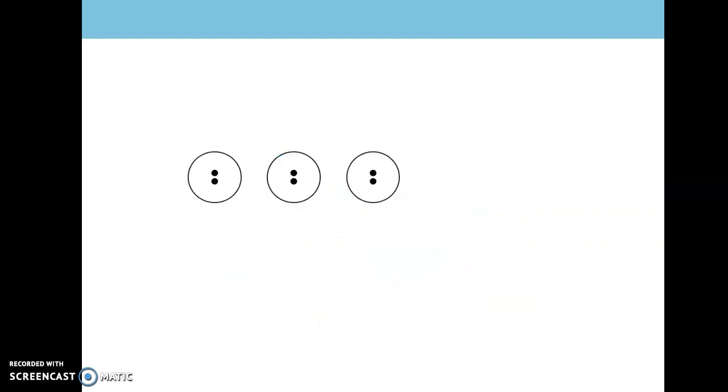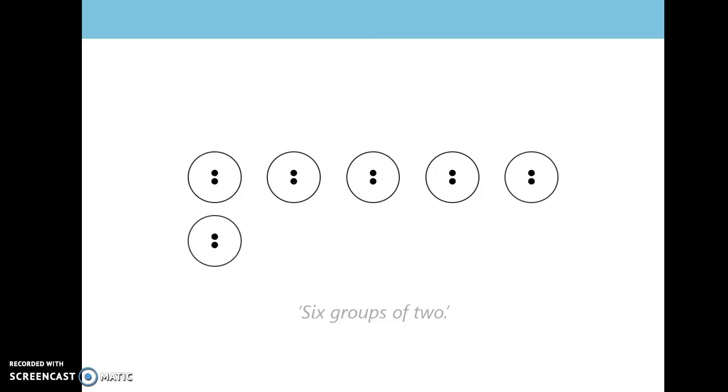Well done. What have we got here? I think I would say there is 3 groups, 1, 2, 3, 3 groups of 2. 4 groups of 2. And now we've got 5 groups of 2. And now we've got 6 groups of 2. 7 groups of 2.